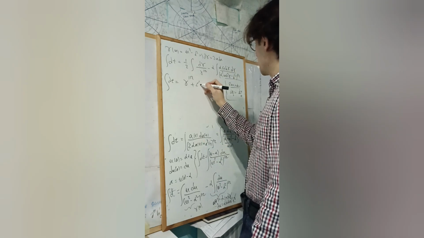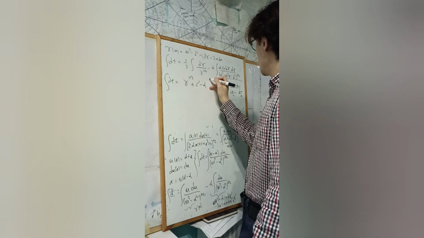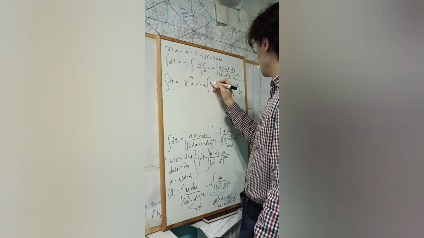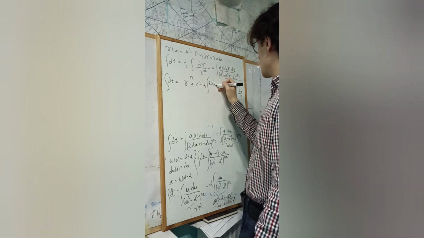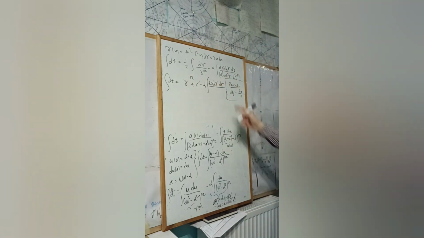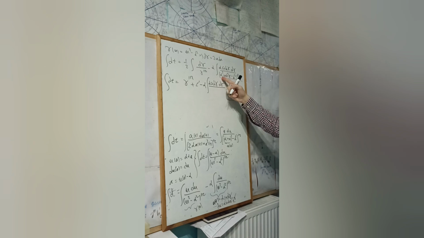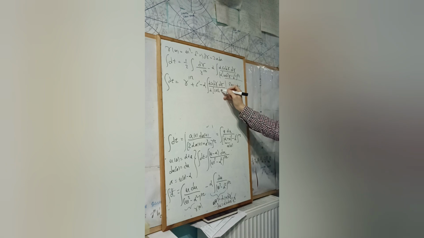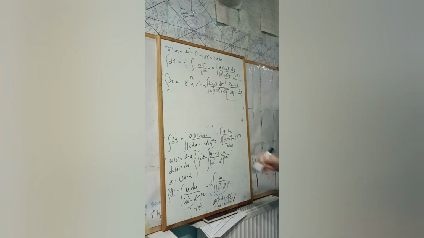Here minus alpha. Okay, let it stay there. Alpha sinh gamma d gamma divided by. So in the parentheses, it's actually alpha cosh gamma minus 1 to the square root.